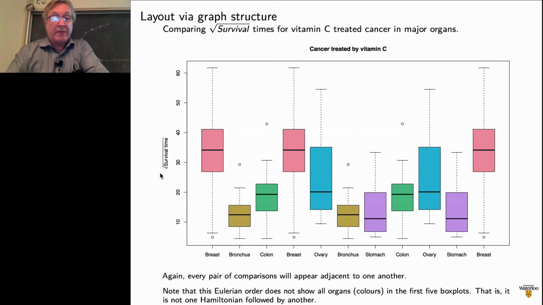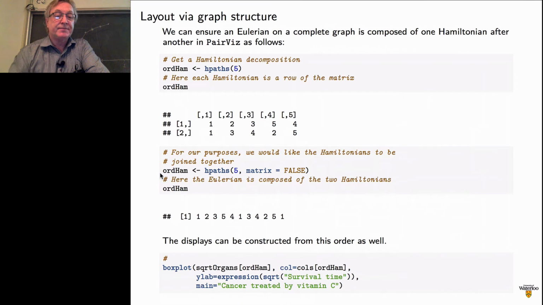So we could get Hamiltonians in pairwise with this H paths. It gets a Hamiltonian decomposition, which will give you one Hamiltonian followed by another Hamiltonian. So all 5 numbers appear in each row. And I get them in one solid vector here by just saying matrix equals false.